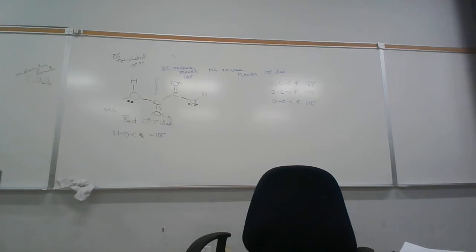And so let's keep this in the plane. If you look at it from above, the wedged out one is to the right of the dashed in one. If you look at it from below, then that changes the perspective. If you look at it from below and from this side, the wedged one is to the left of the dashed one. And so this is the standard way we draw, and we should always draw it like this if we're just drawing a tetrahedral molecule.